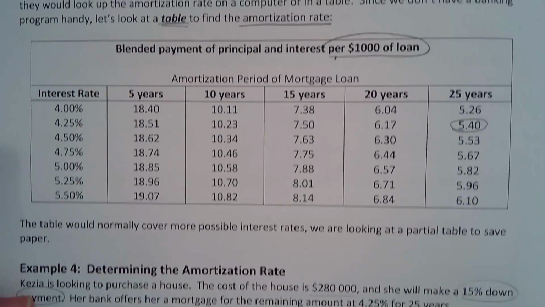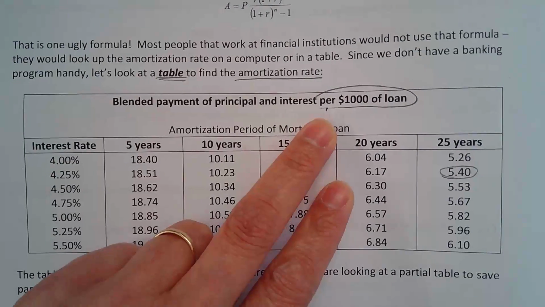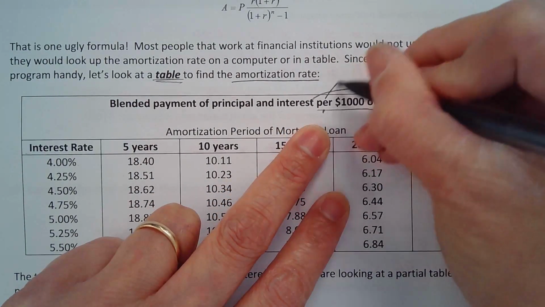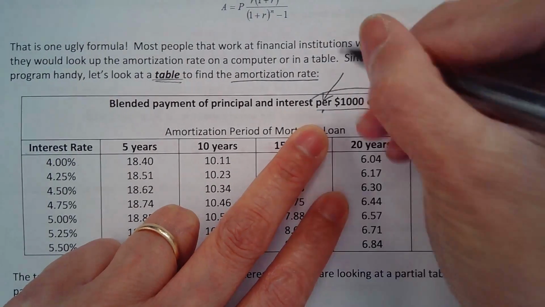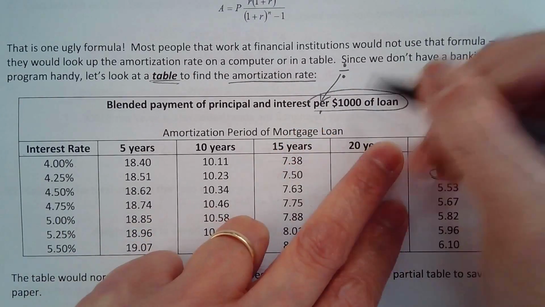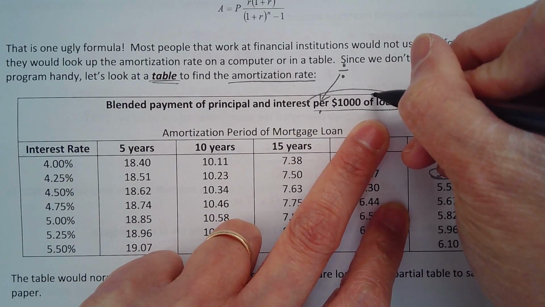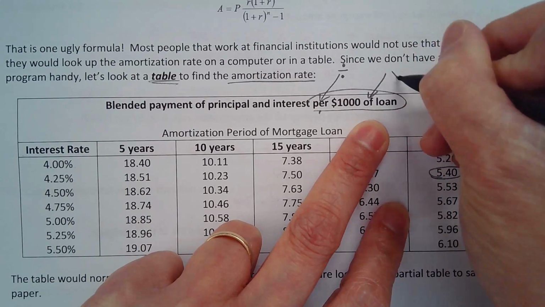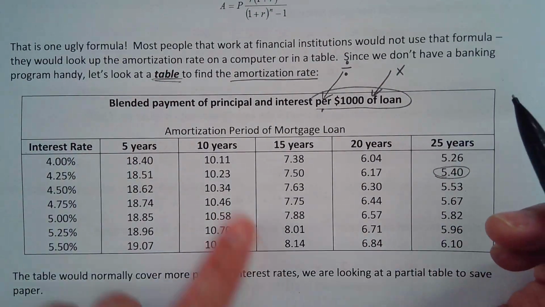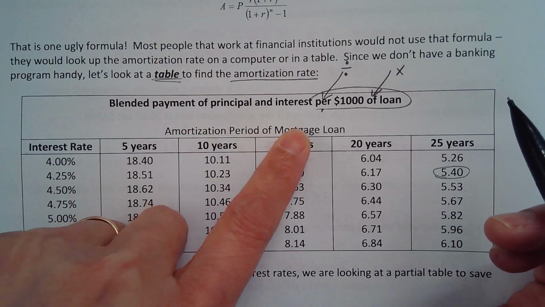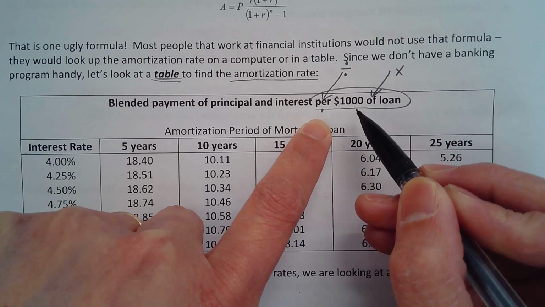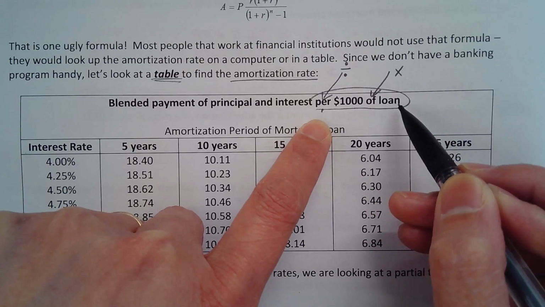Can I point out something in here? I know you're tired of hearing this all the time. I ask you, what does the word per mean? Divide. So divide by 1,000. What does the word of mean? Multiply, so times, and then the loan. So when you see something like this, a blended payment of principal and interest, the word per means divide by 1,000, and of means times the loan.